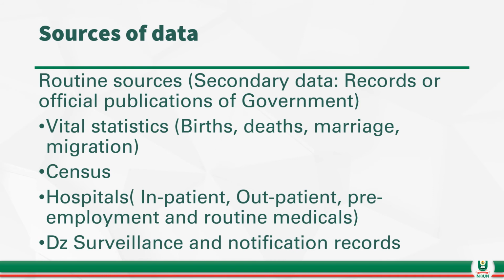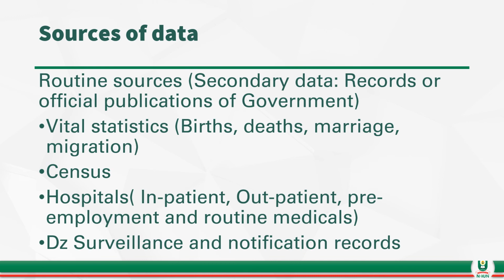So data sources can be routine sources of data, and it can be ad hoc sources of data. But routine sources of data are usually called secondary data, and this includes records or official publications of government. What we call vital statistics is part of such routine sources, like births, deaths, marriages, migration. Then census, figures from census are usually routine sources.